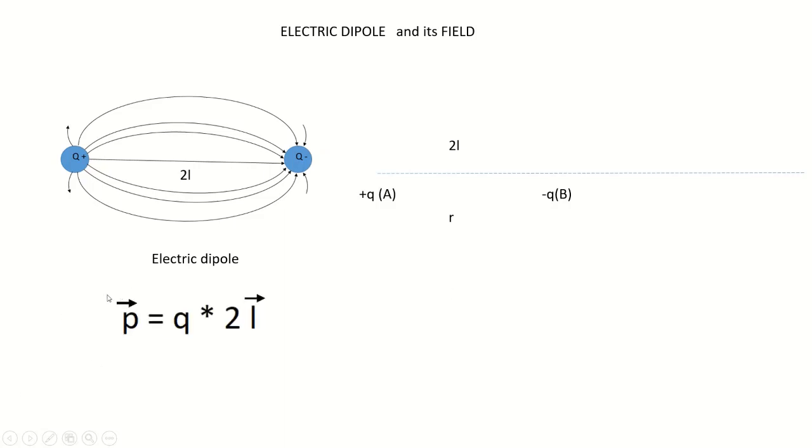P, small p with a vector sign, stands for the dipole moment, which is the measure of the electric dipole. It is the product of charge and the distance between the two charges. It's a vector quantity.